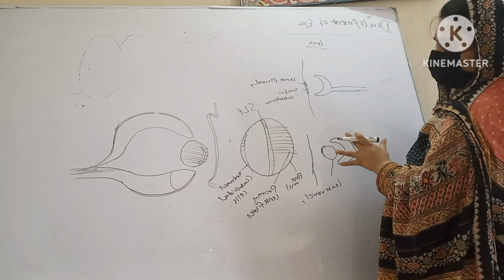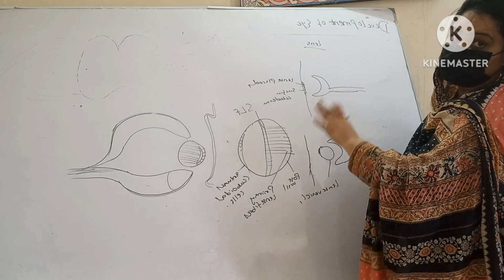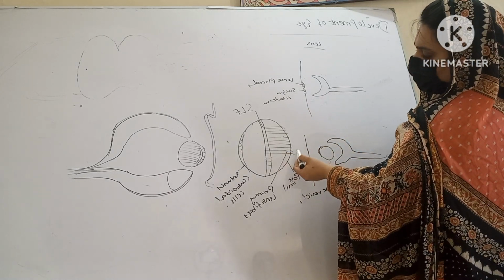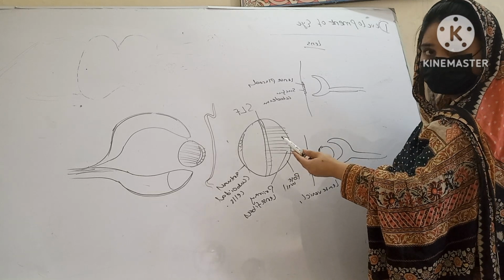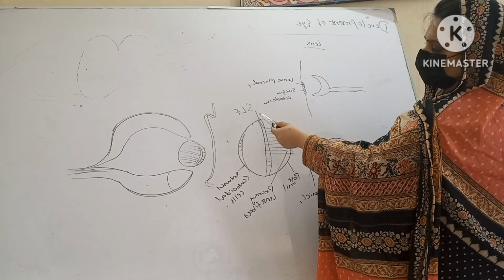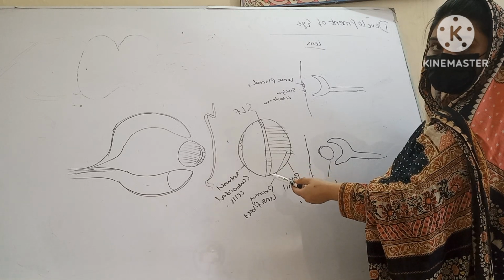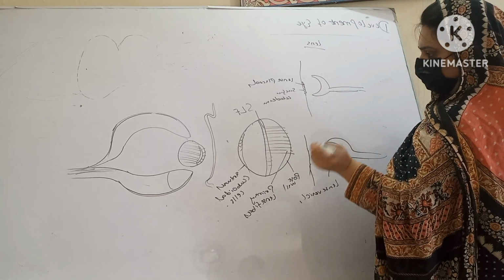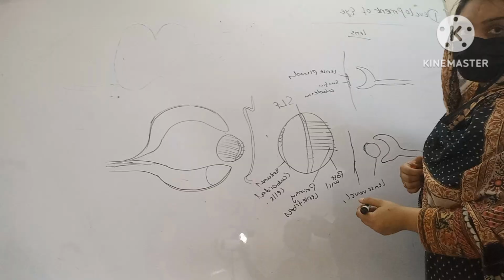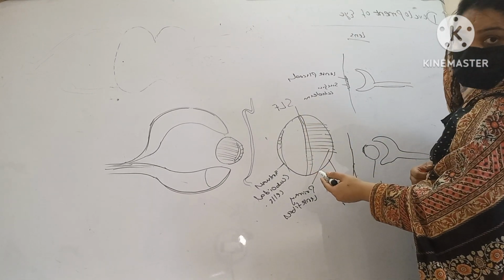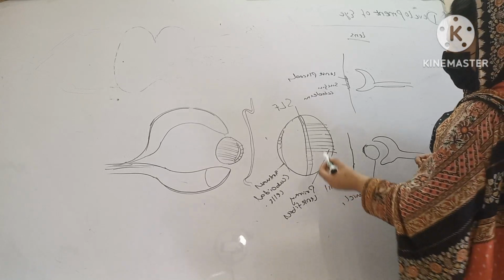So, I told you about the primary lens fibers and the secondary lens fibers. Primary lens fibers are formed by the columnar cells which were in the posterior wall, when they lose their nuclei. And the secondary lens fibers are formed in the equatorial zone from the cuboidal epithelium, when they lose their nuclei.